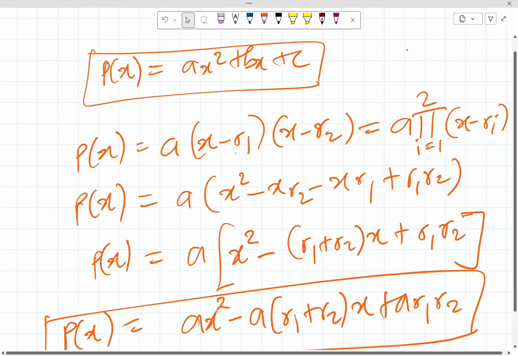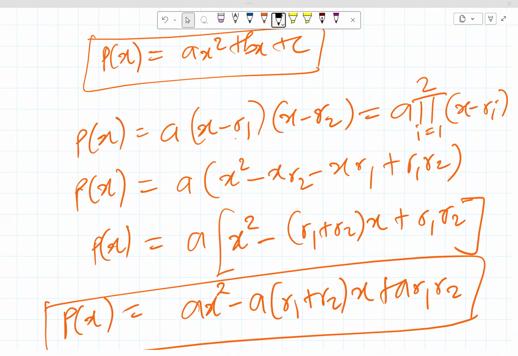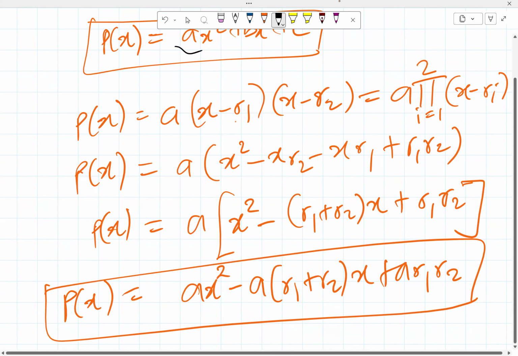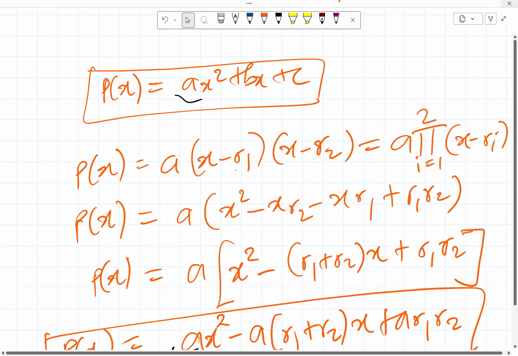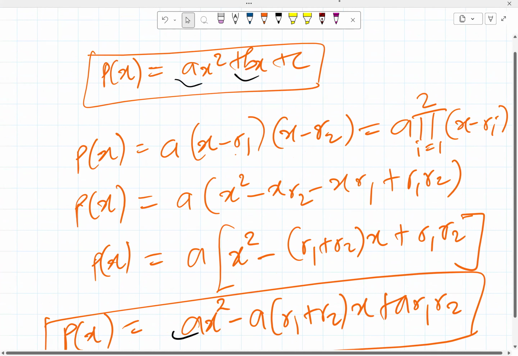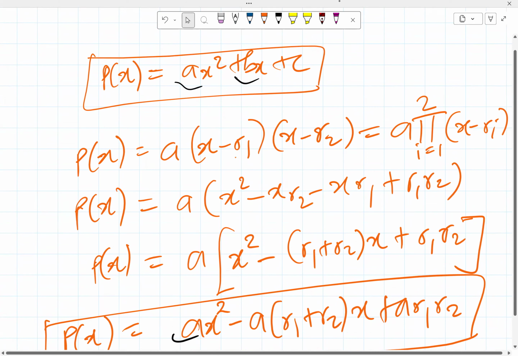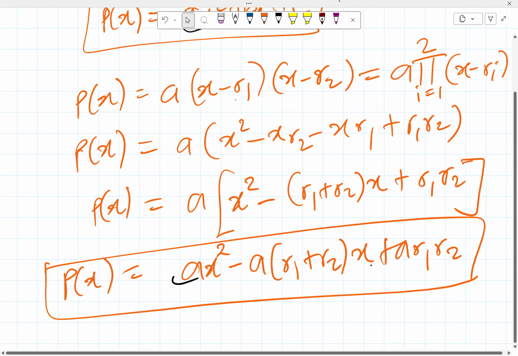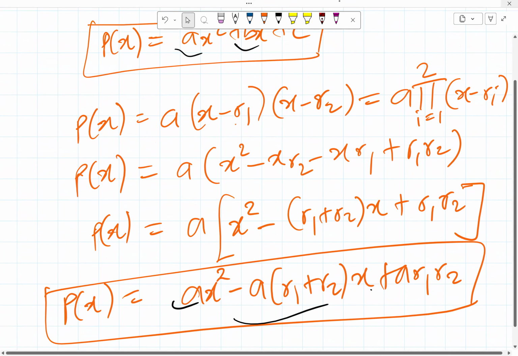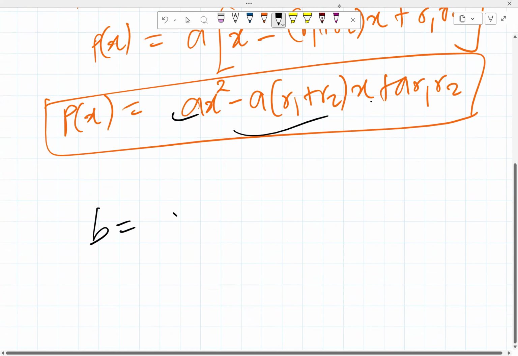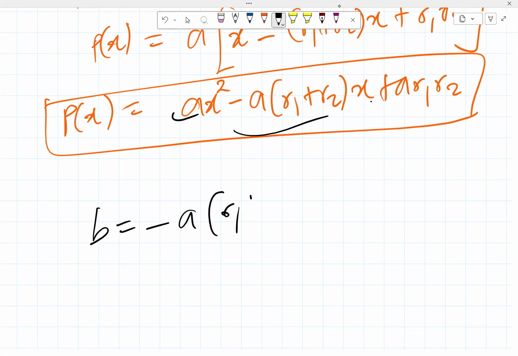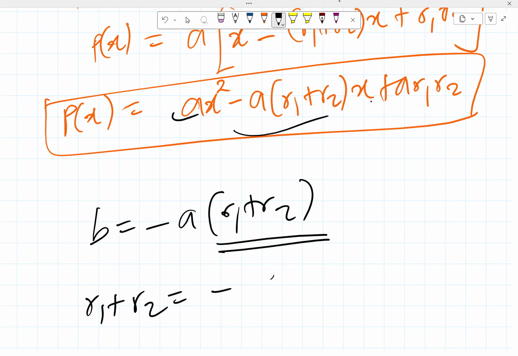So since it's the same p of x, we can then compare term by term. This is a and this is a, right? Then b is going to be equal to minus a into (r1 plus r2), meaning that r1 plus r2 is equal to minus b over a.